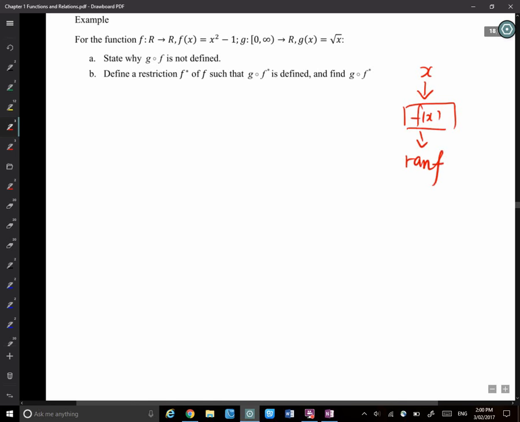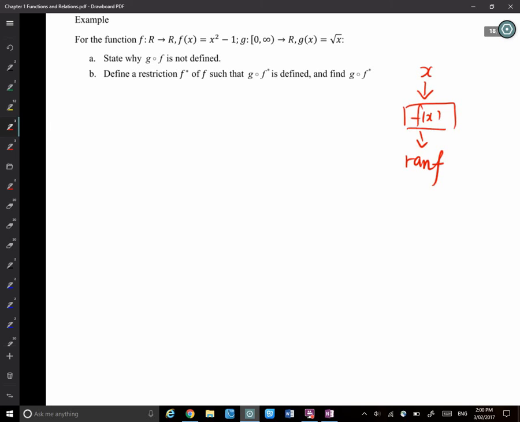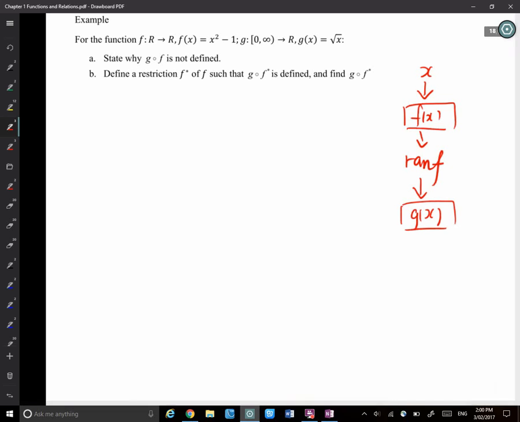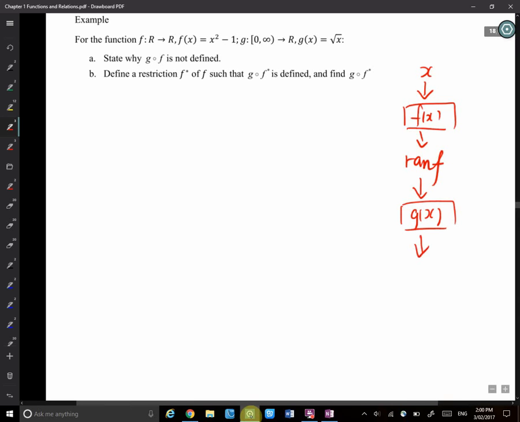I put all the possible x values in, which gives the range of f. I will put the range of f into g, and I have the final range for g of f.